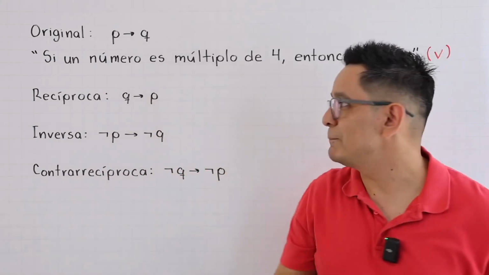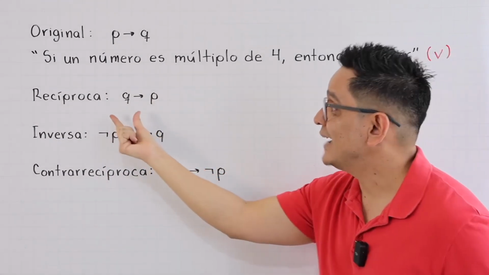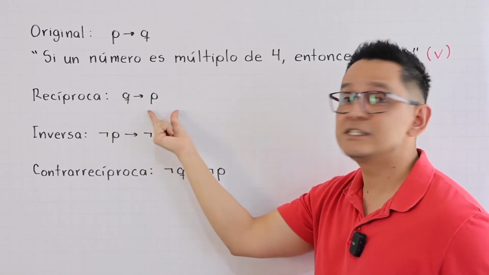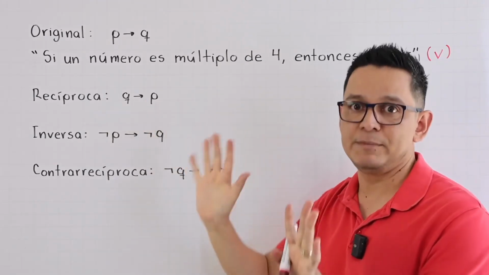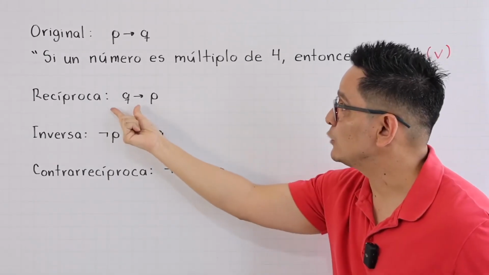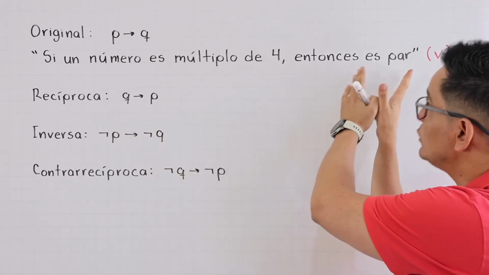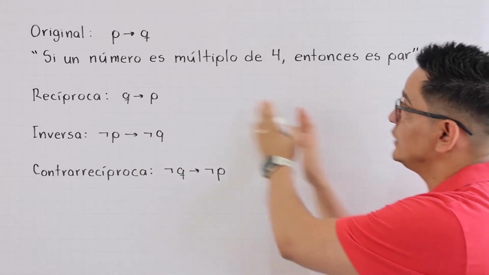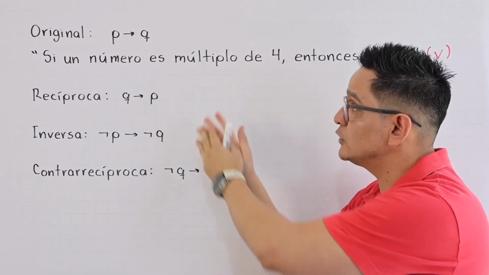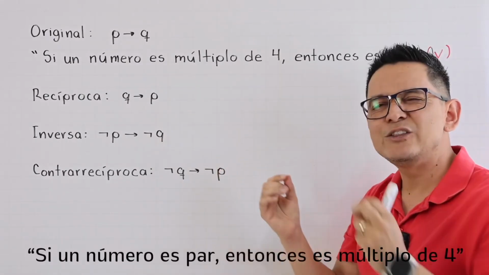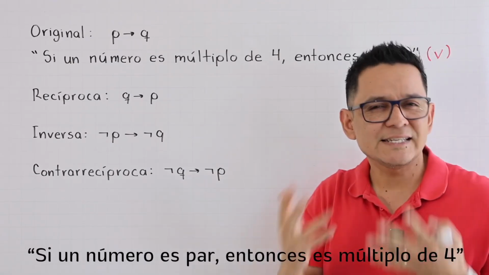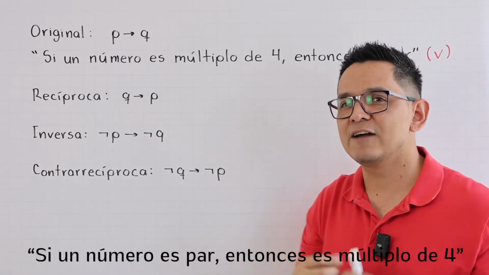Let's see what happens with the converse. Here we have, if Q, then P. Start thinking first about how it would look. Look, if Q, then P. In this case, it would be, if a number is even, then it is a multiple of 4. This proposition will be either true or false.